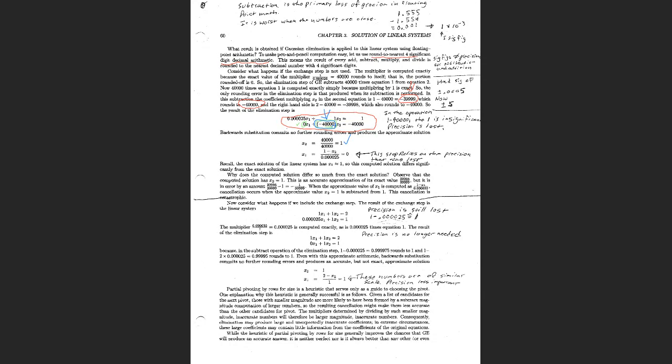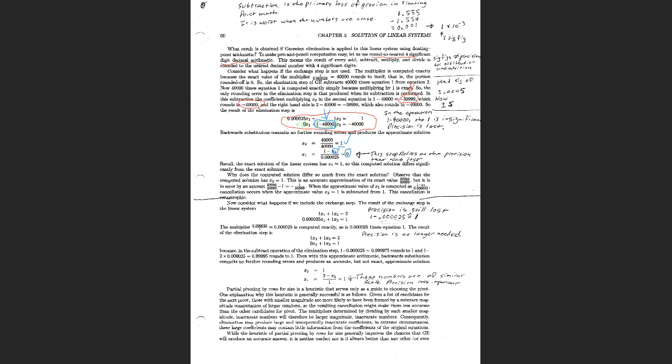But when you solve for x1, you're going to get a 0 here, because x2 is equal to 1, so 1 minus x2 is 1 minus 1, which is 0.